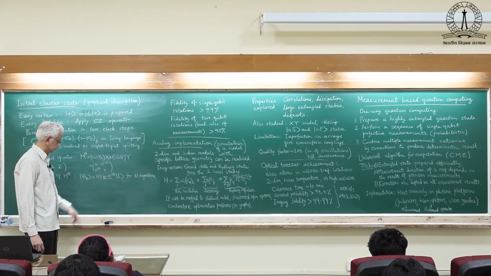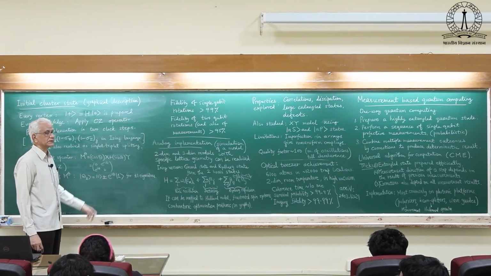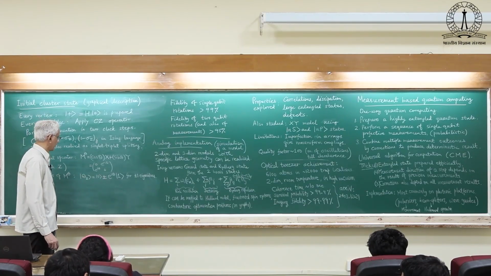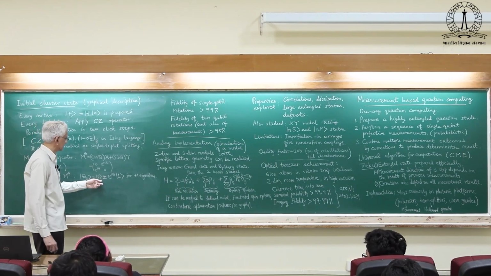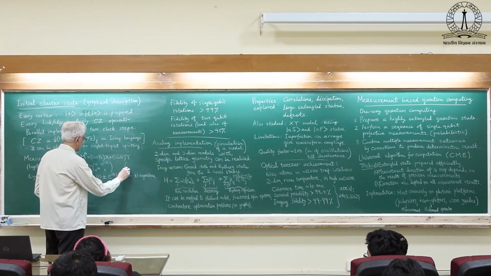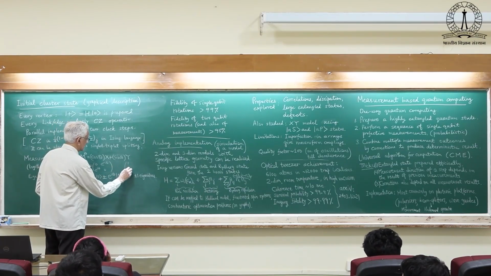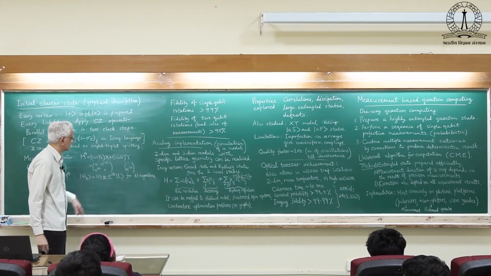So, there is a linear combination of 0 and 1 with a phase of e raised to i theta. It's very easy. If you take, for example, a two component vector like 1 and e raised to i theta, that is what this corresponds to.